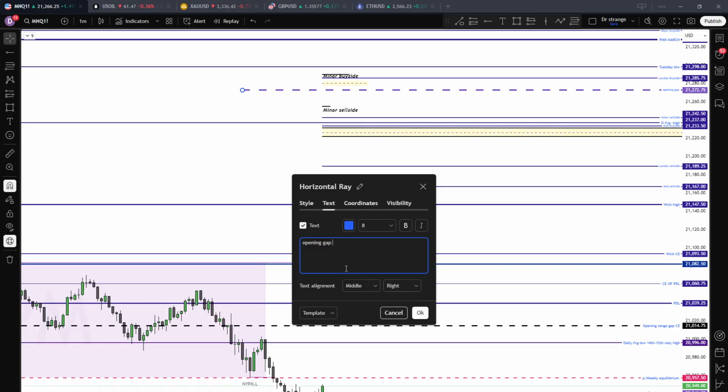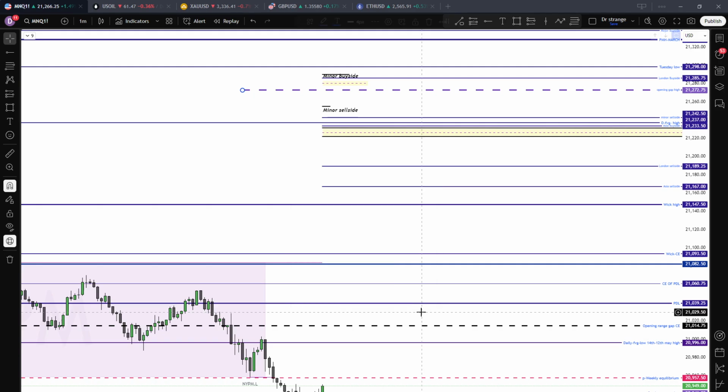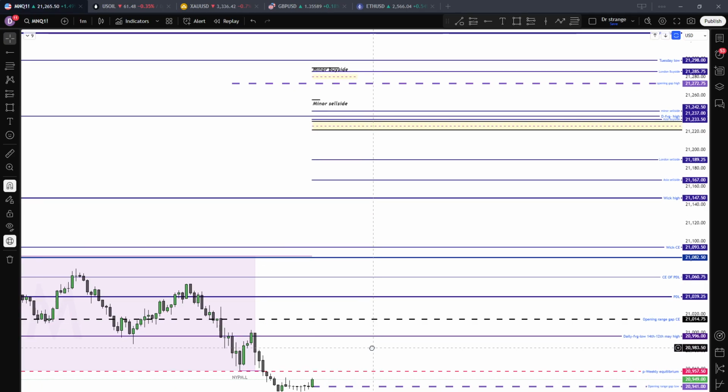And gap high. Yep. In the first 30 minutes of market opening, we'll be targeting a midpoint of this range.